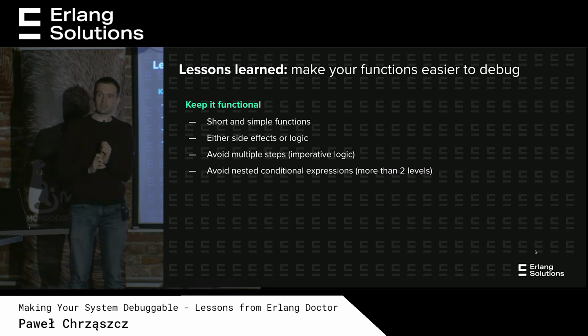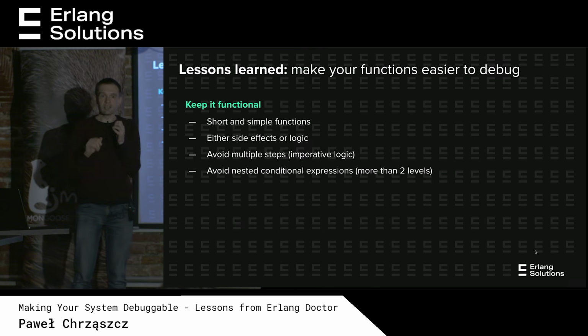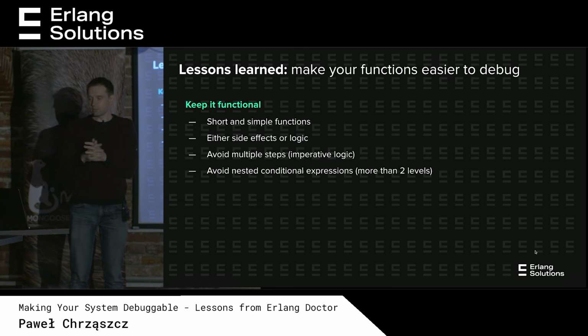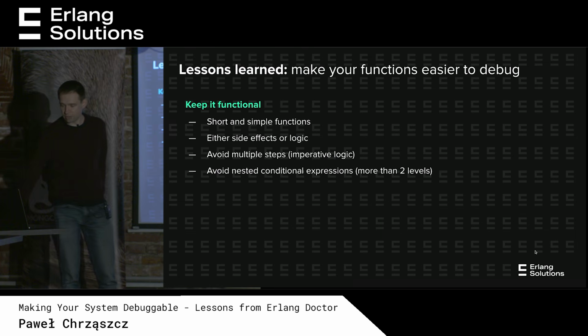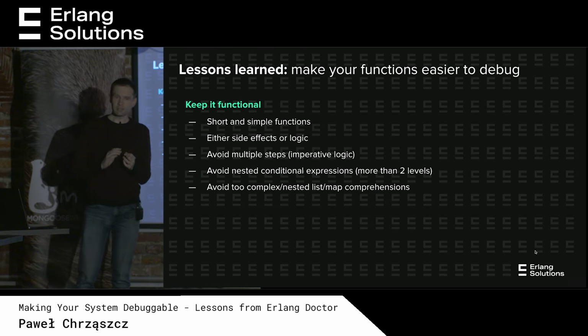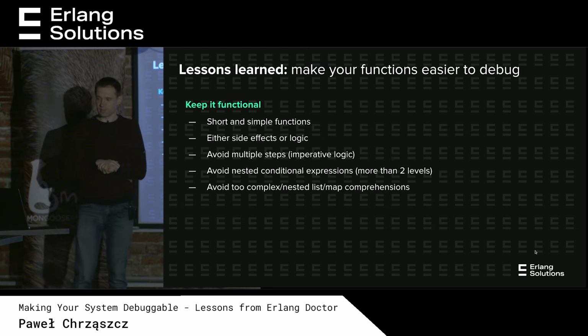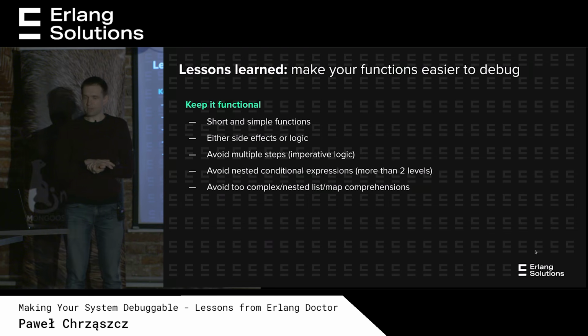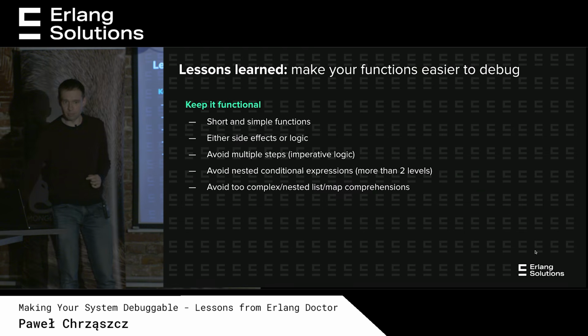Conditional expressions, I learned that if you nest a lot of them, it's more difficult to debug where exactly you are. You would need the line, but maybe it's best not to have too much nesting. Then list and map comprehensions, if they get very complex, they are really difficult to debug. I will show you an example in a moment.